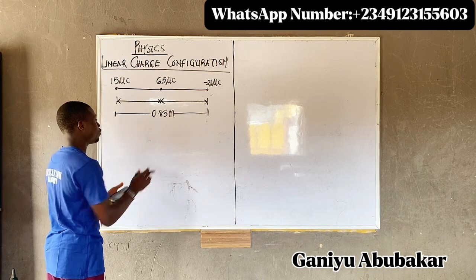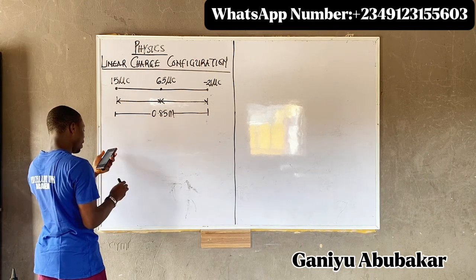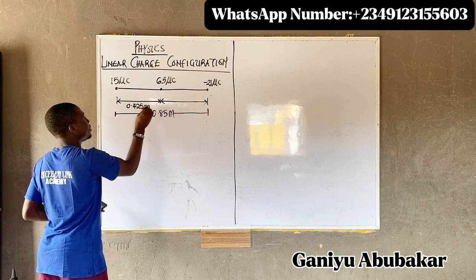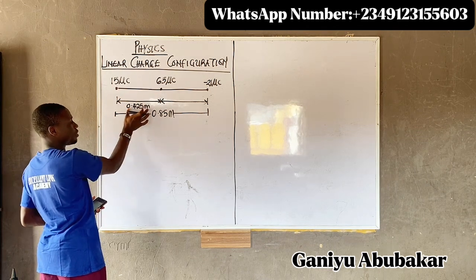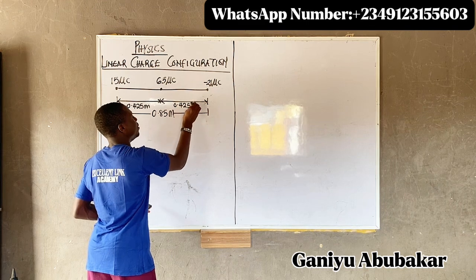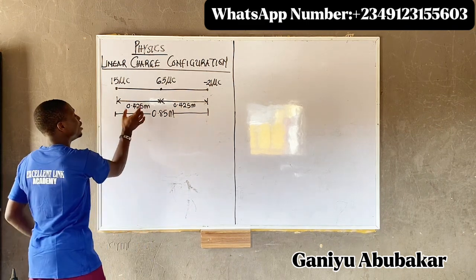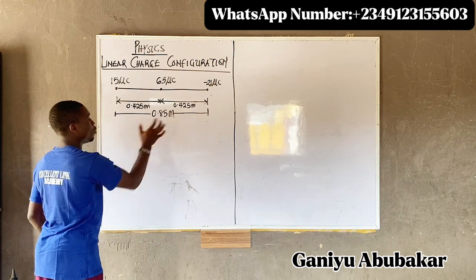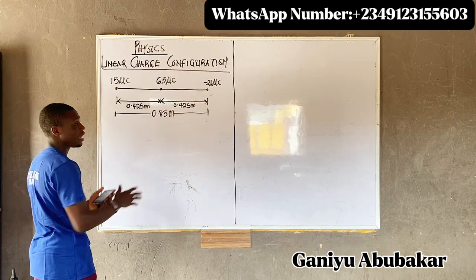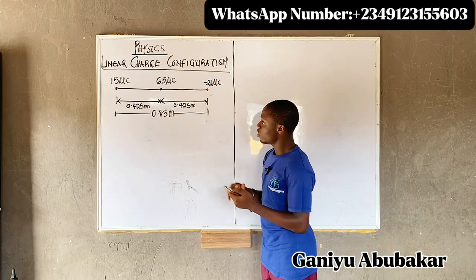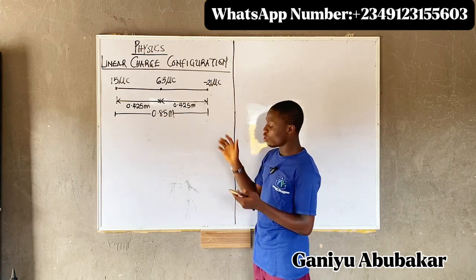If I divide 0.85 by 2, I should have 0.425 meters. Each side gives this, 0.425 meters. It means if I add these two values together, I'll have a total of 0.85 meters. That's the analysis I can do when it comes to distance. So I'm done with the distance and the conversion concept.